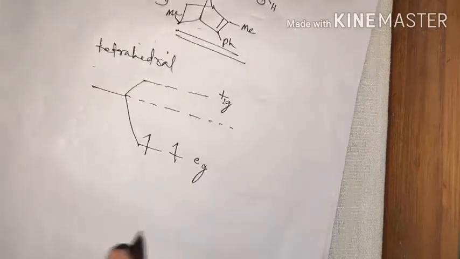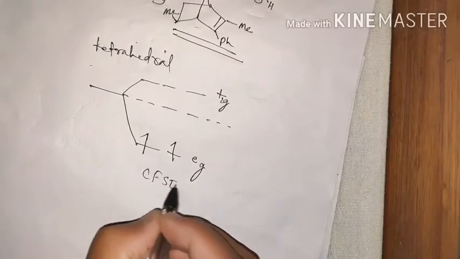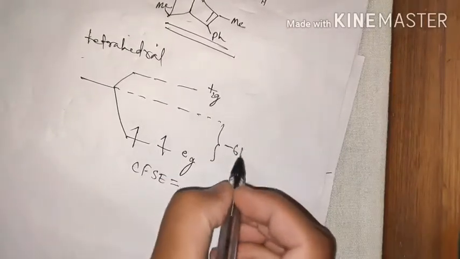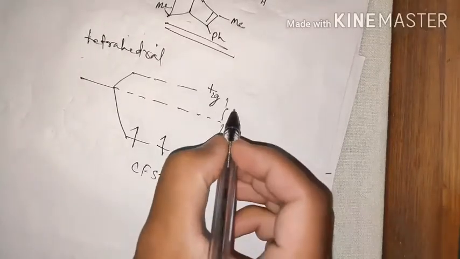So how are we going to find the CFSE? CFSE can be simply written with this energy as minus 6 Dq, and that is your 4 Dq.